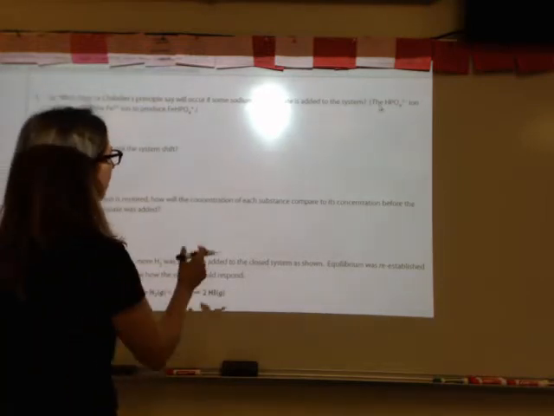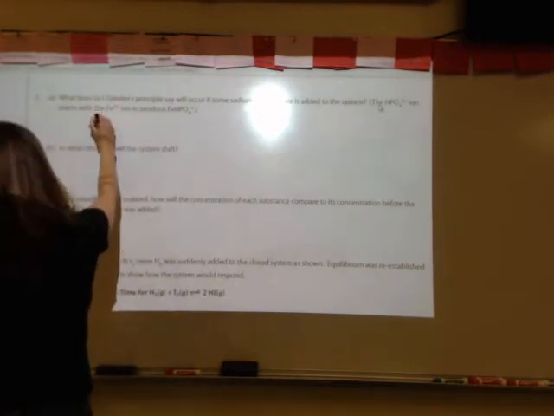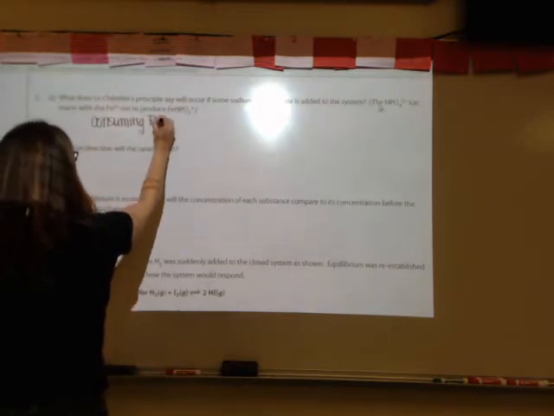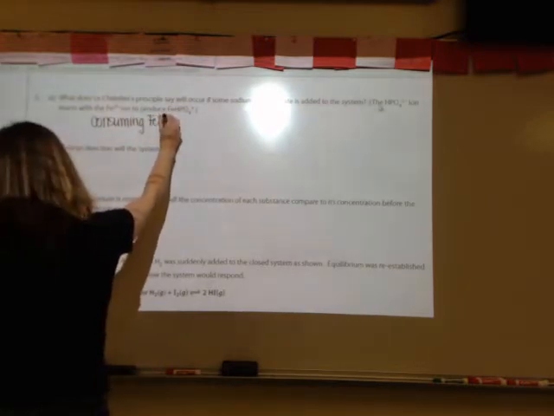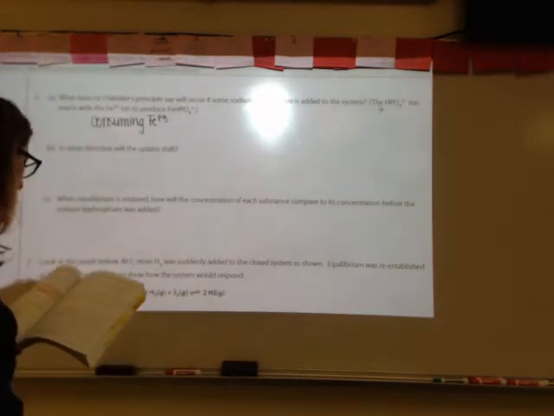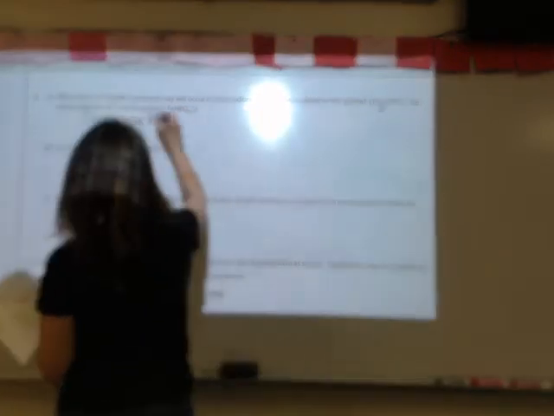So what that means is I'm going to be consuming Fe+3, which means that the concentration is going to be decreasing. So what does Le Chatelier's principle say will happen?